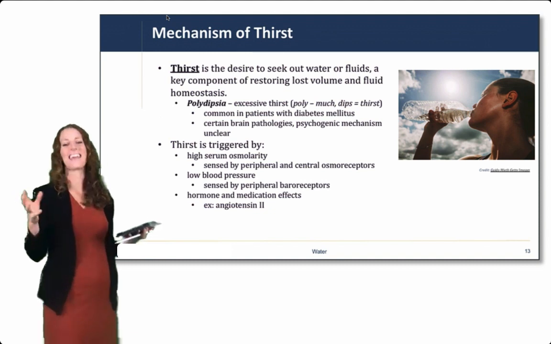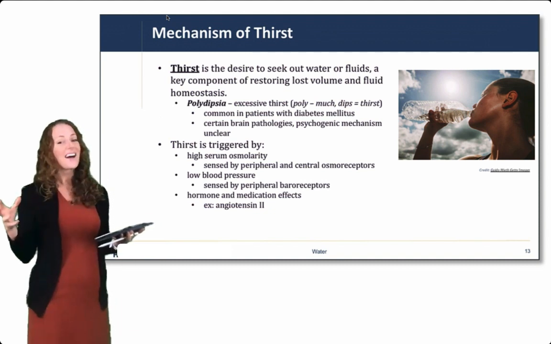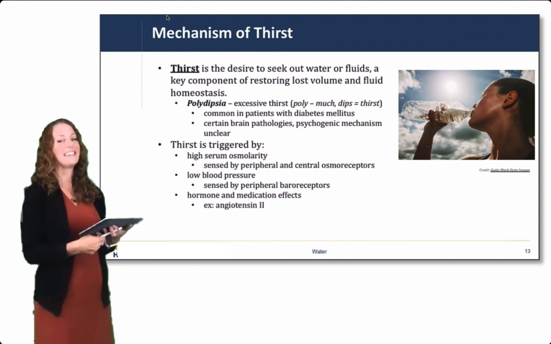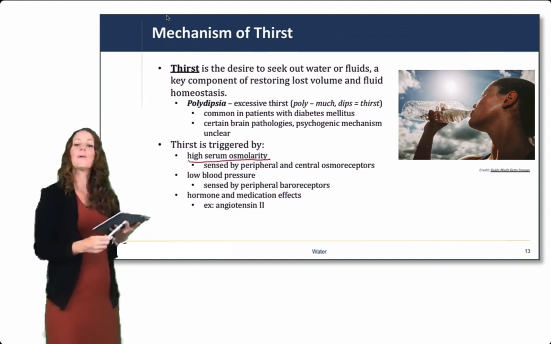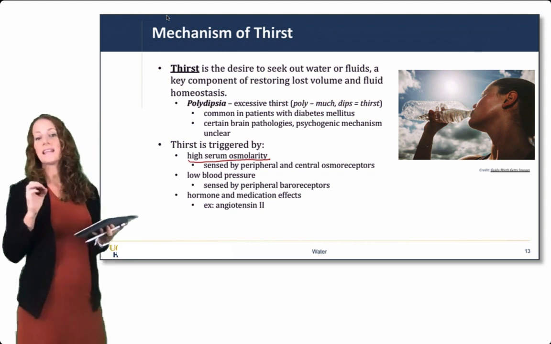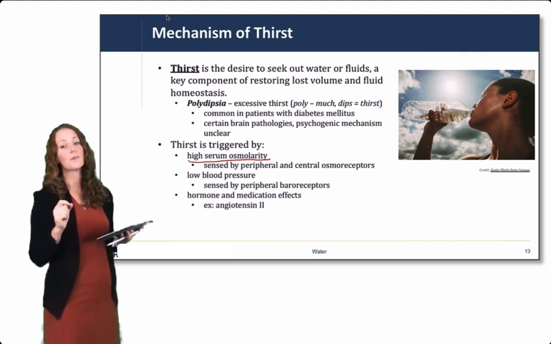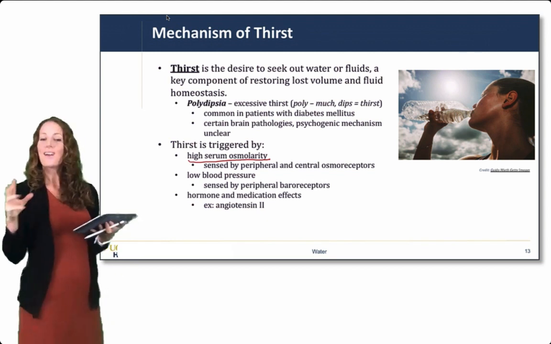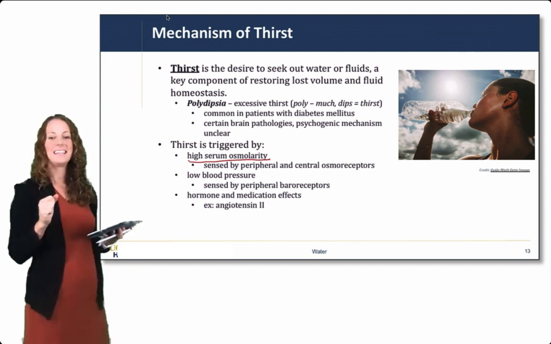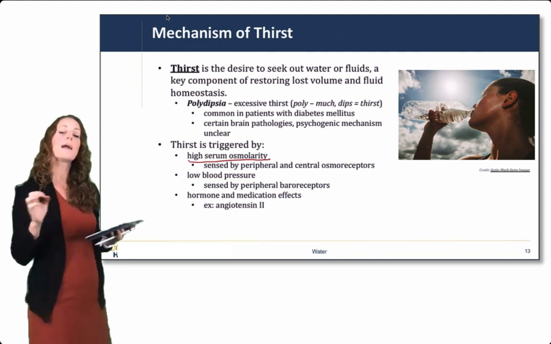What triggers thirst? I know thirst sounds so simple, right? It's an everyday thing. But actually, physiologically, it's quite complex. So thirst is triggered by serum osmolarity, sensed by both peripheral and central osmoreceptors. Low blood pressure can also trigger thirst. This is sensed by peripheral baroreceptors.